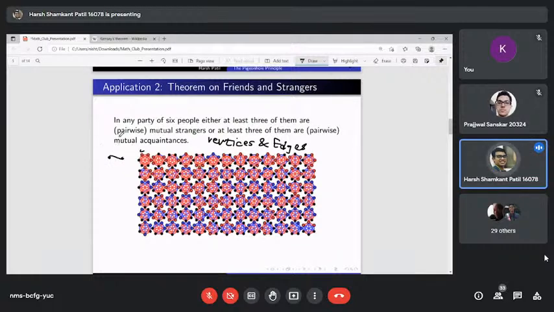So if 2 people are friends, we will label this edge as blue, and if 2 people are strangers, then we'll color this edge red. Okay. So there are various possibilities, like the first possibility that all of them don't know each other.